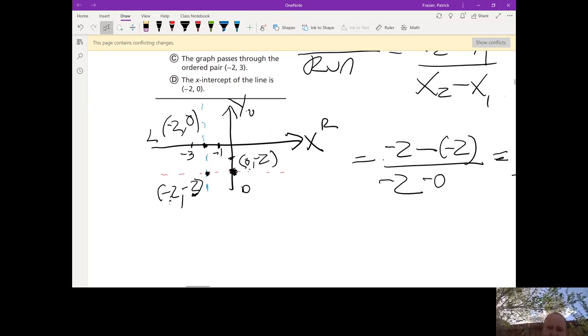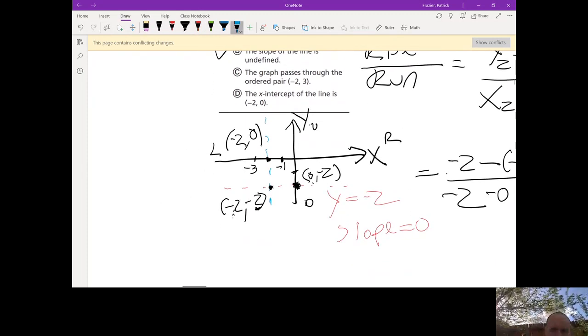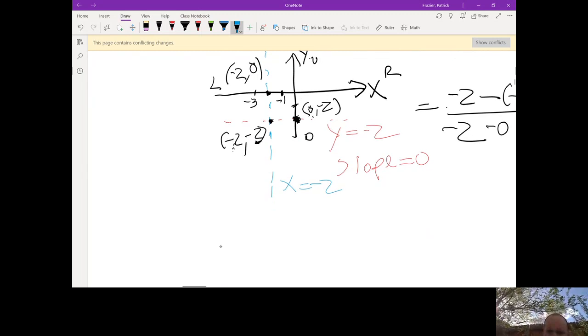This red line at y equals -2 has a slope equal to 0, whereas our vertical line x equals -2 has an undefined slope.